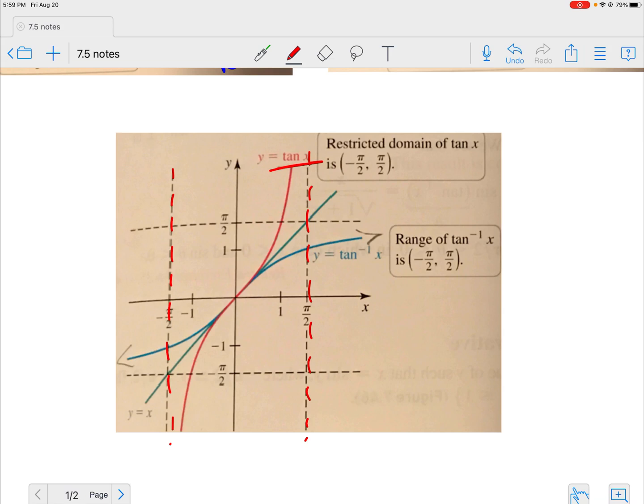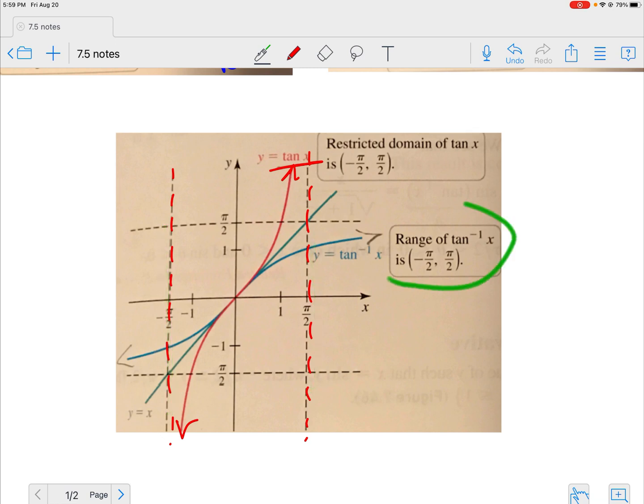We have asymptotes. But look at what's happening. My function goes to infinity. So my output, my range for my regular tangent function is infinite. My domain is restricted here to negative pi over 2 to pi over 2, right?